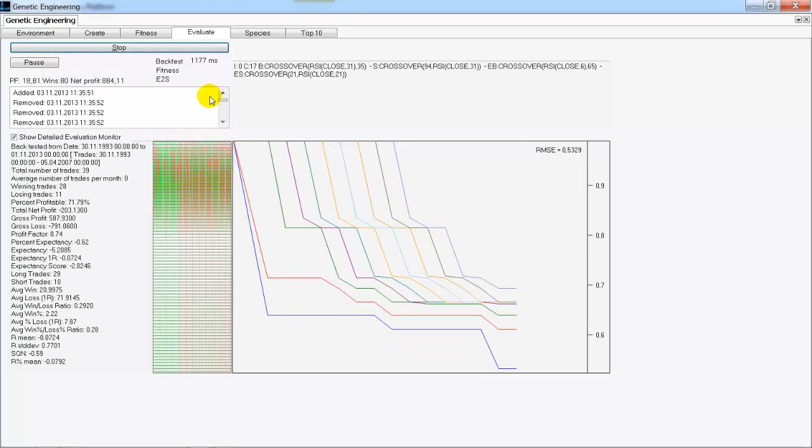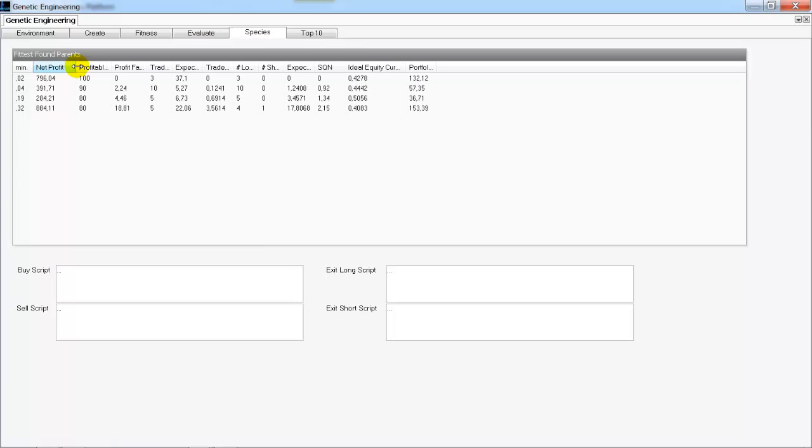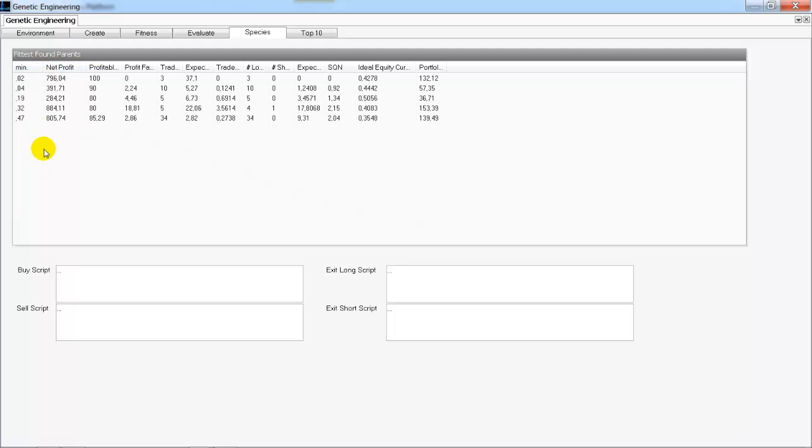So this is just the evolution process which then takes place, and the interesting point here then, the parents, which means you can see just seconds after this process has been started, we see the fittest found parents, which means that the current population is re-evaluated every second or every millisecond, and it puts here the best parents, which are then used afterwards for mutation, crossover and selection here.